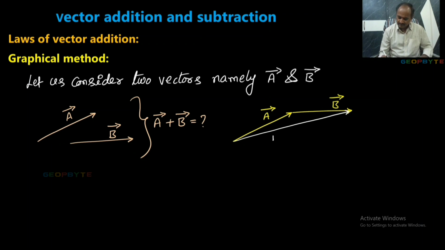So this is the resulting vector, let that be r bar. That r bar equals vector A plus vector B. That means the line length r bar is representing the sum of vector A and vector B. I hope you understood.